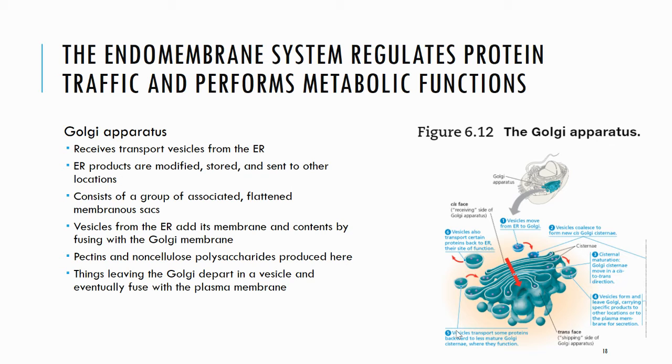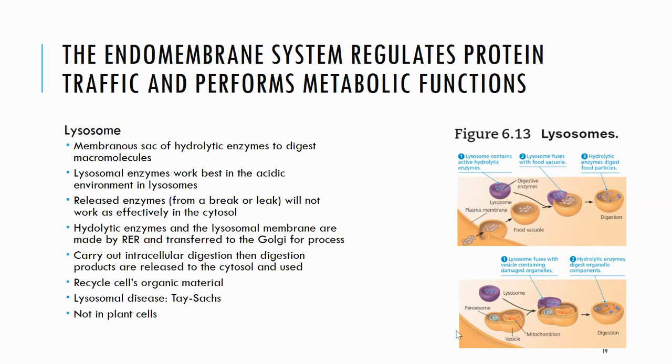Pectins and non-cellulose polysaccharides will be produced here as well. And things leaving the Golgi will depart in a vesicle and eventually fuse with the plasma membrane. So those vesicles bind to the membrane of the Golgi, do what they're supposed to do, and then they are vesicled out to go attach to the plasma membrane.